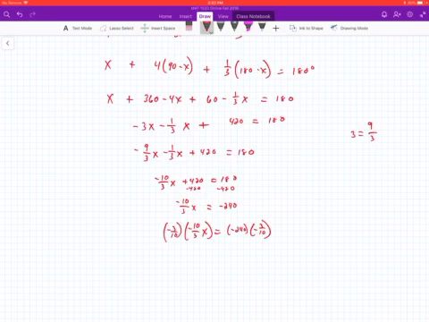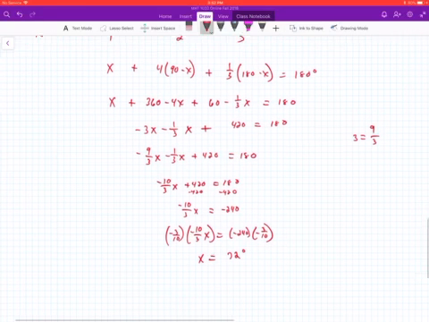On the left side, negative 3 times negative 10 is a positive 30, and 10 times 3 is 30, and 30 over 30 is 1, and 1 times x is just x. On the right, a negative times a negative is positive. 240 times 3 is 720, and if we divide that by 10, we get 72. So x is equal to 72 degrees.